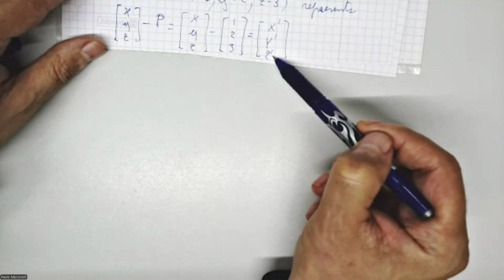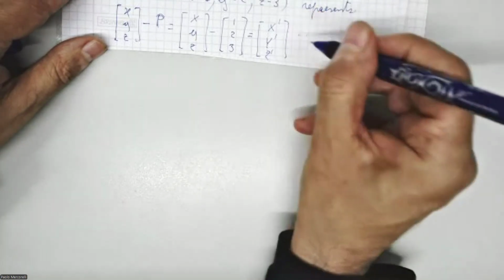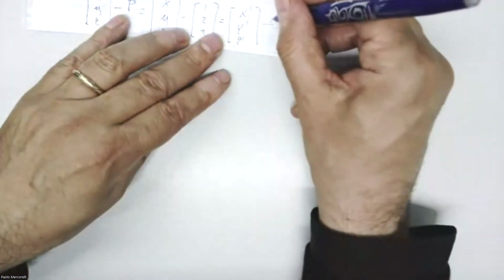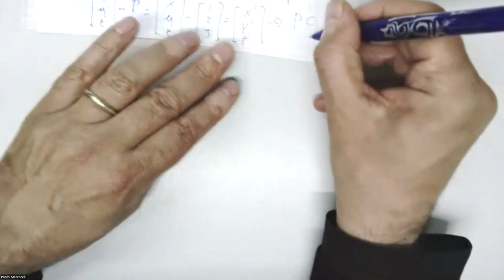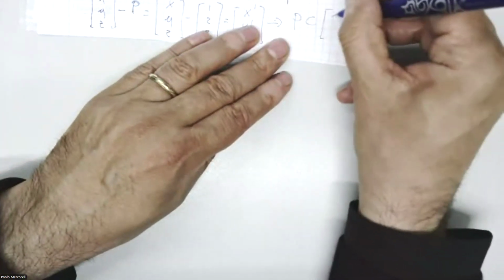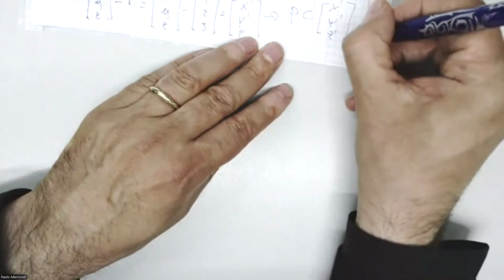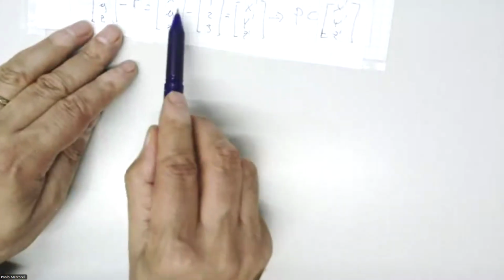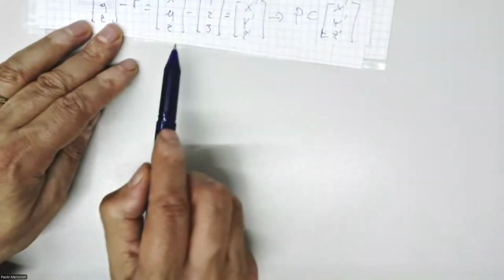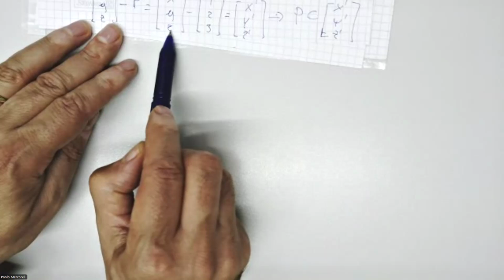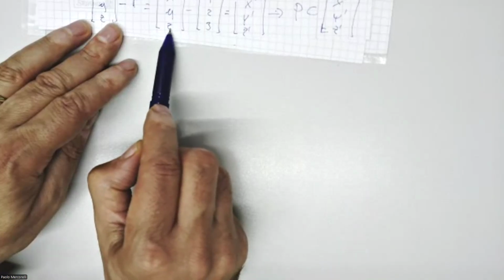I don't know if it's clear what I intend. The point belongs to the system here. If I put, in fact, x equal 1, y equal 2, z equal 3, I have exactly 0.